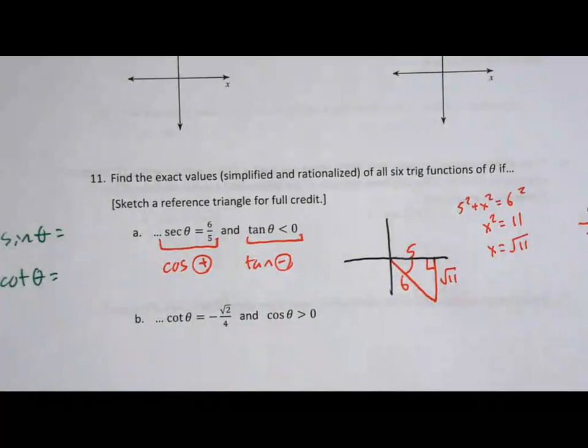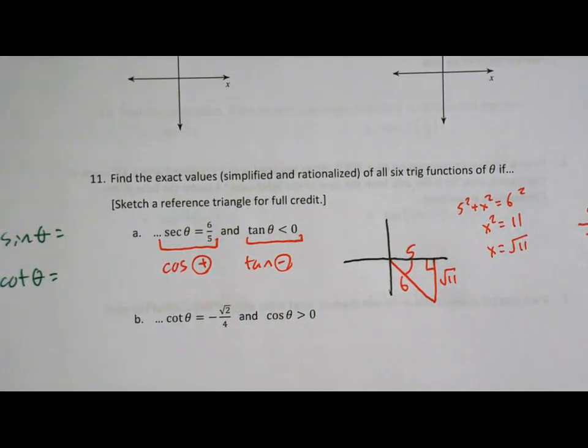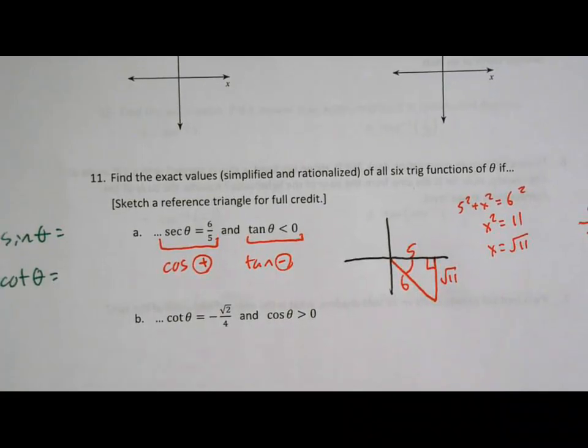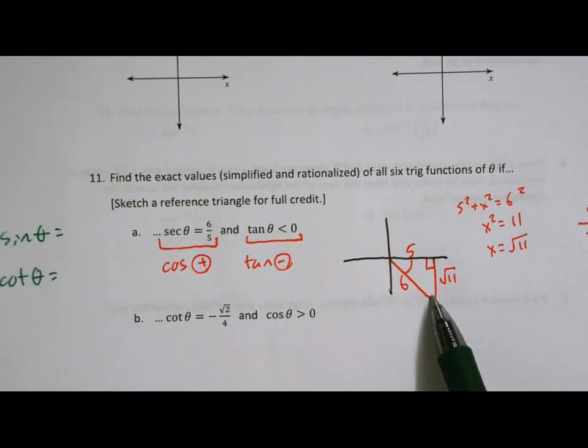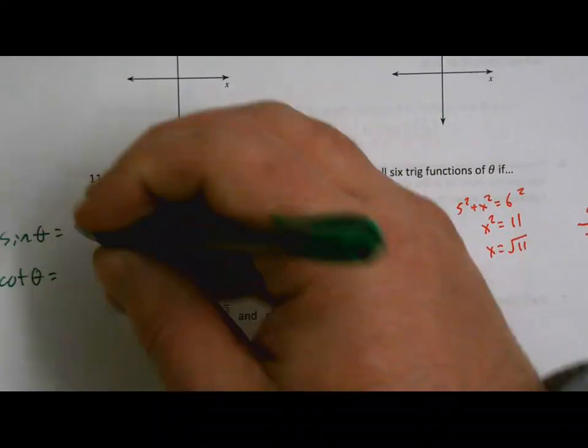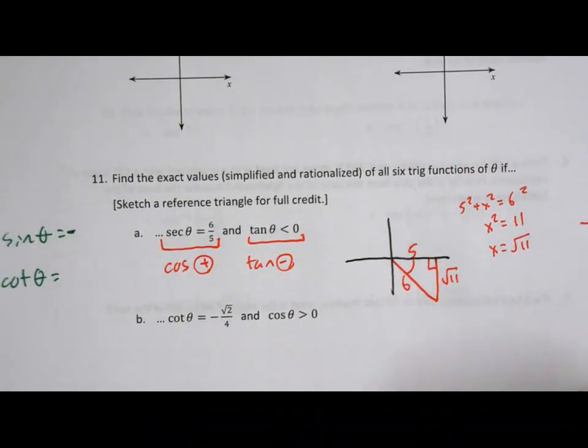And I will expect these to be rationalized. Please don't forget to think about signs on these. Sine and cotangent in this quadrant are both the same sign, aren't they? Aren't they both negative? Sine is negative in this quadrant, yes? So my answer is going to be negative. Cotangent is going to be negative.